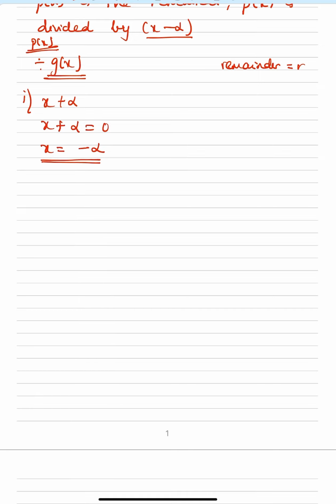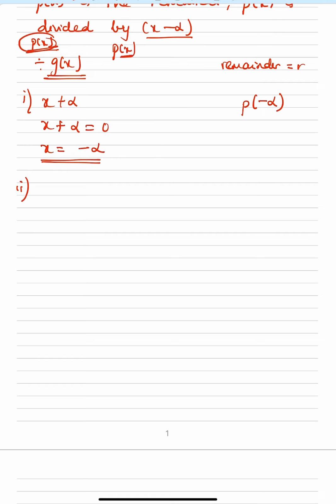Now, p of x is the polynomial we are dividing, so in place of x I will write minus alpha. So the remainder will be p of minus alpha.